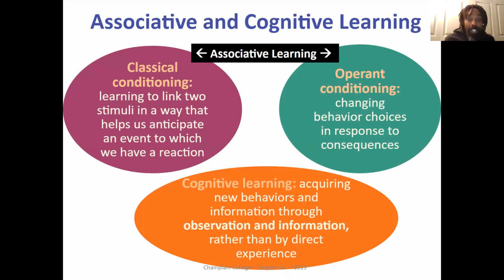And then cognitive learning: acquiring new behaviors and information through observation and information rather than by direct experience. So, classical conditioning is what we're going to be looking at today. Operant conditioning is what we're going to be looking at in the following class. And cognitive learning is something that you will come across and be taught as you continue on through this program.